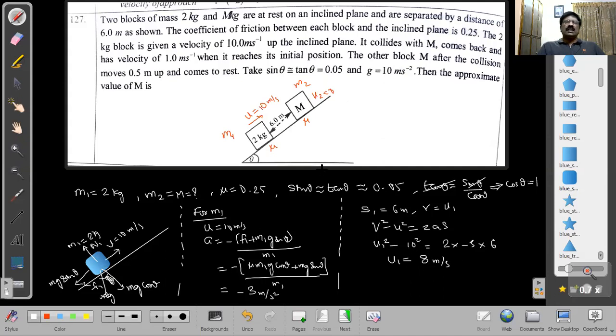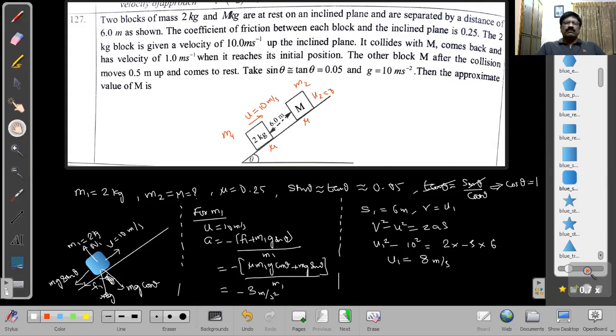So this is the velocity of this block just before making collision with the second block. Then whenever this block makes collision with the second block, immediately the second block starts motion with a velocity, say v2. Then this second block, after traveling a distance equal to 0.5 meter, its velocity becomes 0. That is given in the problem.